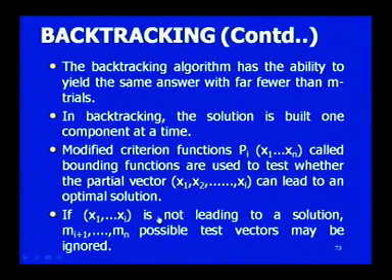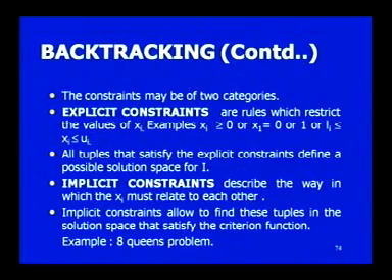And if we feel that any of the tuple is not leading to a solution, then all the tuples from i plus 1 to n may be ignored. So, the success of backtracking lies in the definition of a constraint or restricting functions.